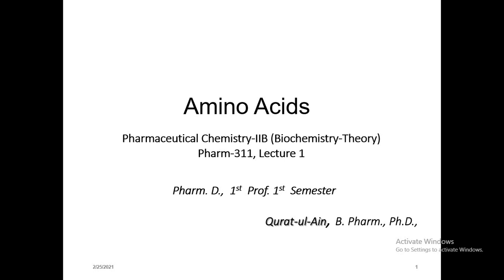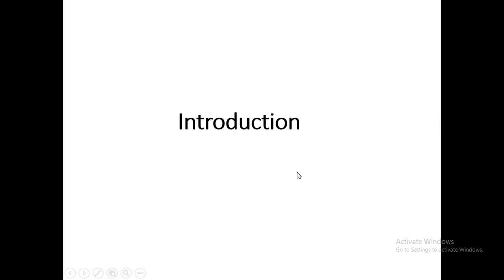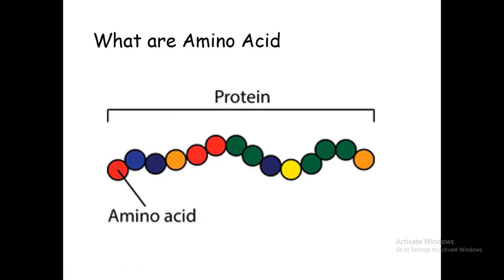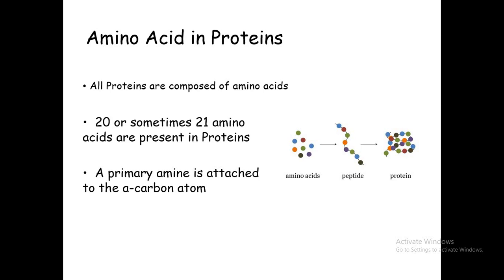So first of all, we have to know what amino acids are. Amino acids are organic molecules, and these are the monomers of protein. There are 20 amino acids, or sometimes 21, that are present in protein.